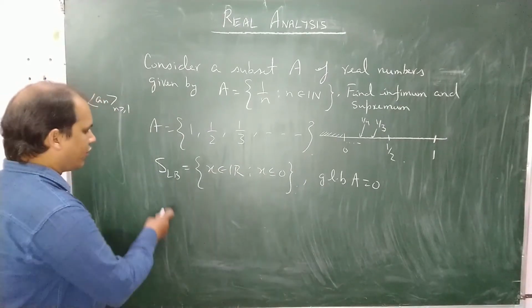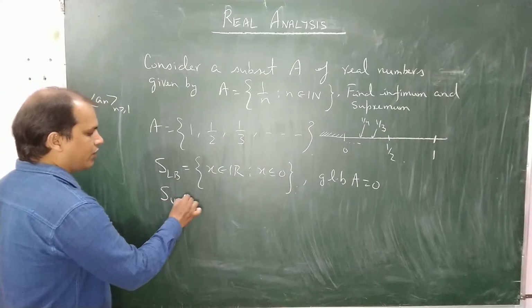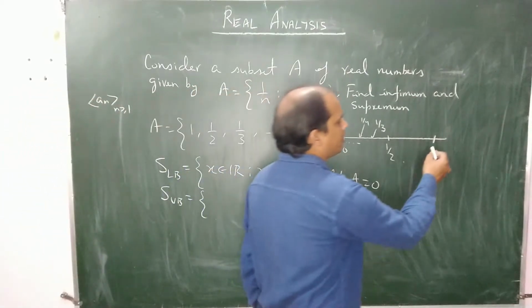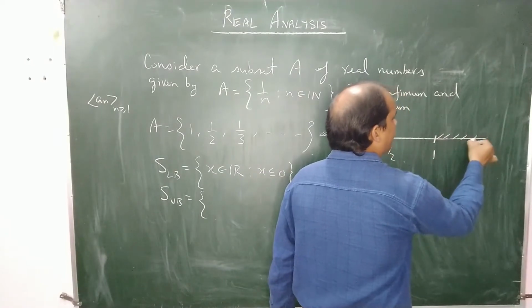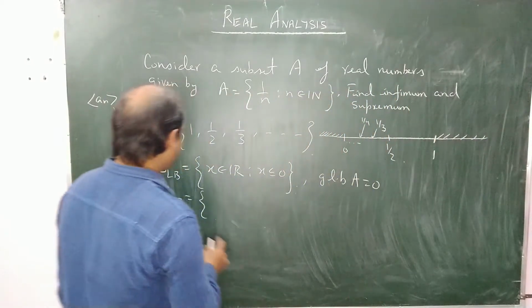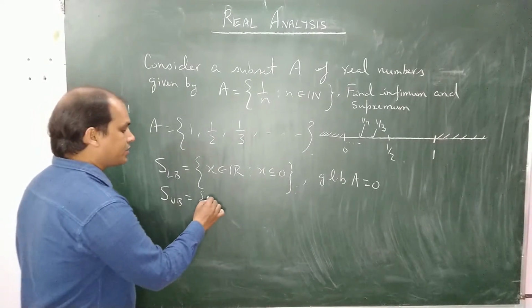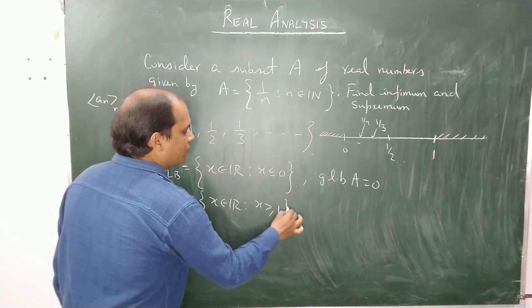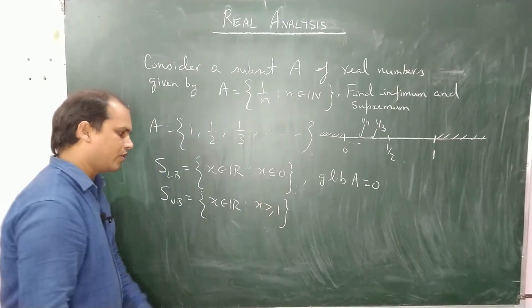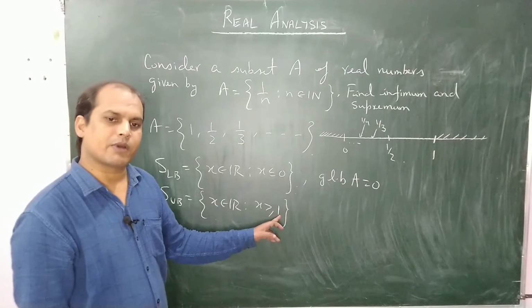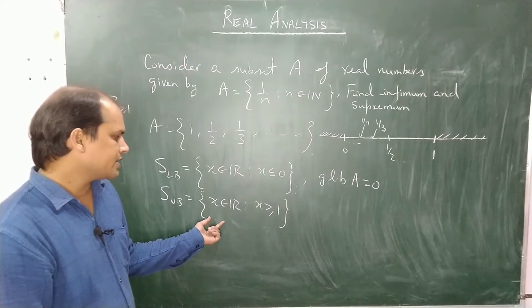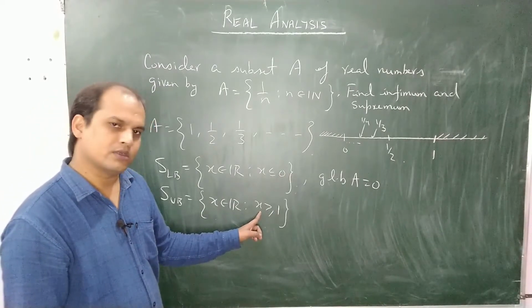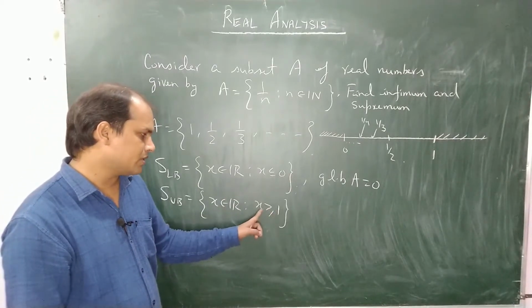Now similarly, what will be the set of all upper bounds? If you see from here, the set of all upper bounds will be the numbers greater than or equal to 1, including 1. So I can write that the set of all upper bounds is the collection of all real numbers x such that x is greater than or equal to 1. Now 1 is an upper bound, and 1 and all numbers greater than 1 are upper bounds for this set. One can see that the least among all these upper bounds is 1.